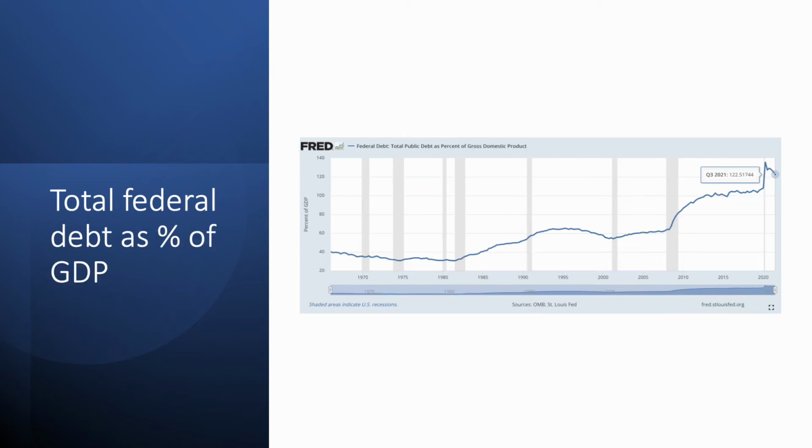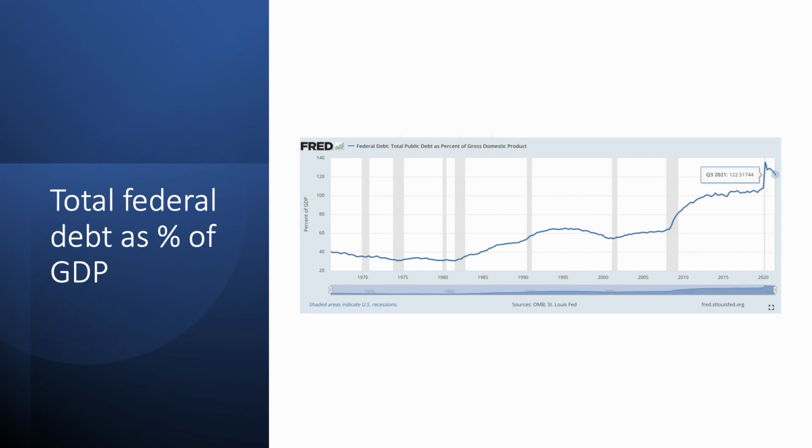Now let's look at it as a percentage of the gross domestic product. Again, when you start comparing it to the growth in the economy at the same time, you can see it's a slightly different picture. I'm not saying it's good. We don't really want gigantic federal debt, and we don't want it to be a high percentage of our gross domestic product.